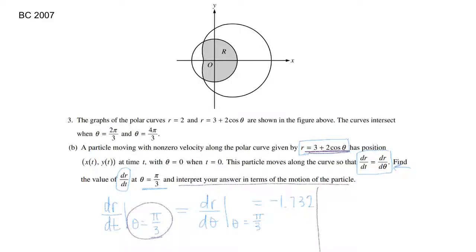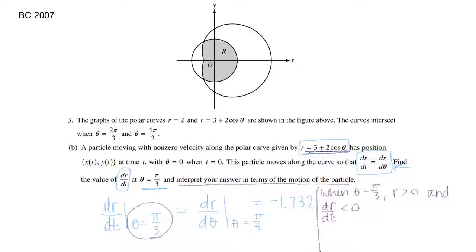So when theta equals pi over 3, our radius is positive, and the rate of change of that radius with respect to time, dr/dt, is less than 0.